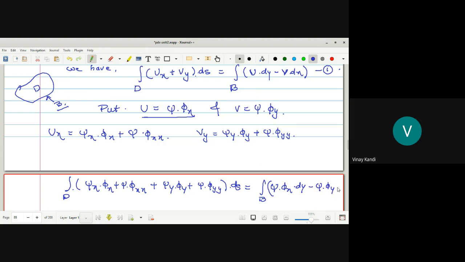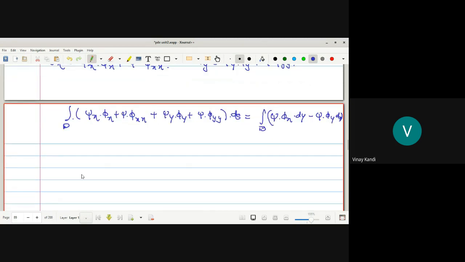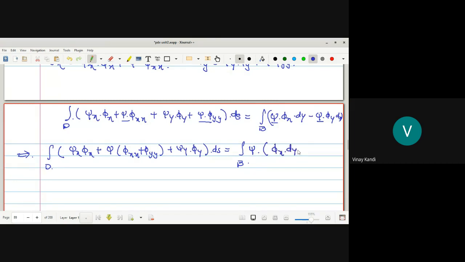Which implies the integration on D of psi x phi x plus psi y phi y plus psi times (phi double x plus phi double y) ds is equal to the integration on the boundary B, taking psi common, of psi into (phi x dy minus phi y dx).